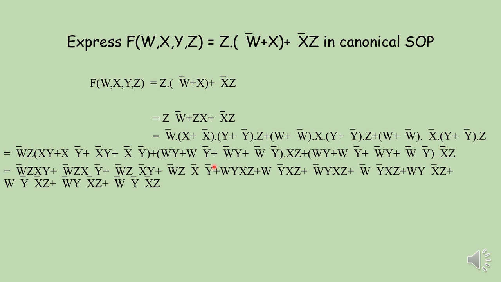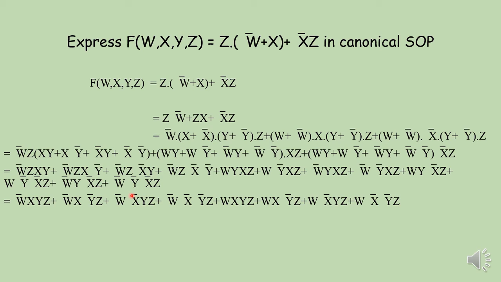In the next line we multiply w bar z with this term, and here we get this fourth term. Next, this term is multiplied with xz, and here we get another fourth term, plus this wy plus wy bar plus w bar y plus w bar y bar is multiplied with x bar z, and here we get another fourth term, right?